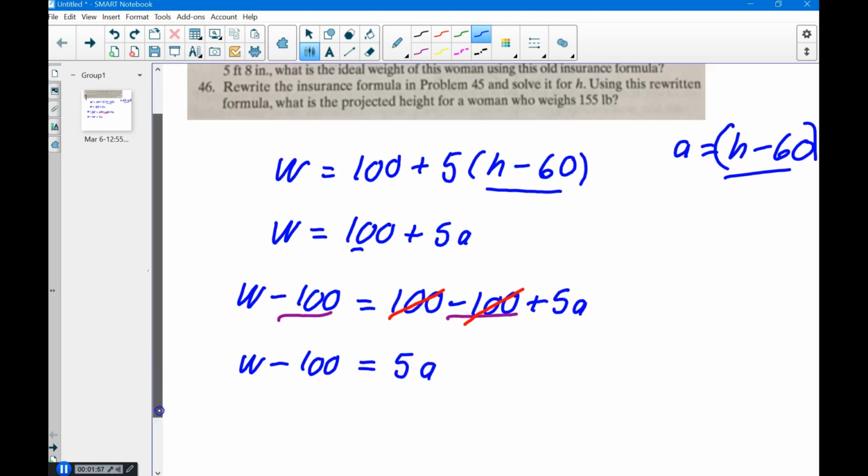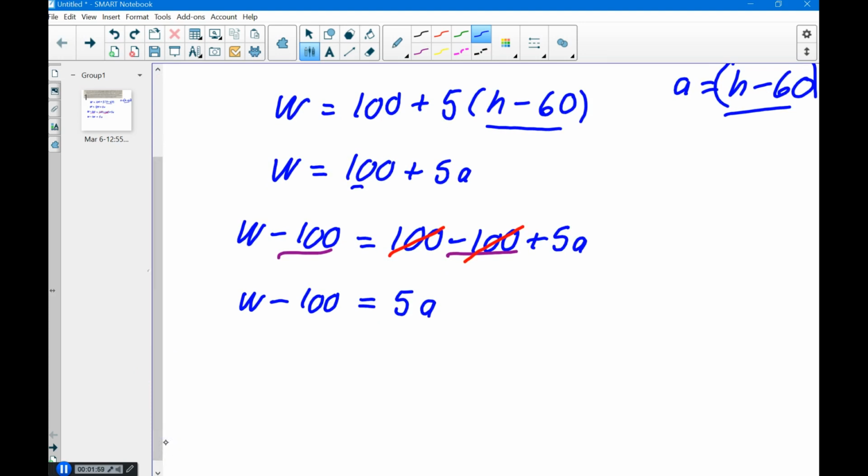Alright, so now we're off to a start. This looks much easier than before. Now let's get the A by itself. Because it's multiplication, to get the A by itself, I have to divide by 5. But if I divide by 5 on the right-hand side, I have to divide by 5 on the left-hand side. I call it the potato chip rule. If I give one to you, I have to give one to everybody else.